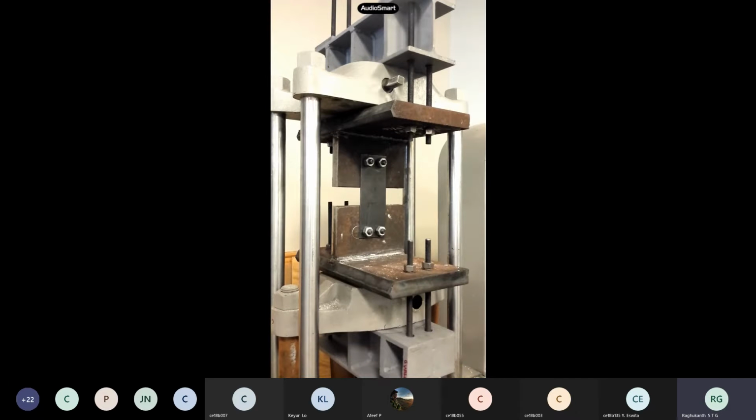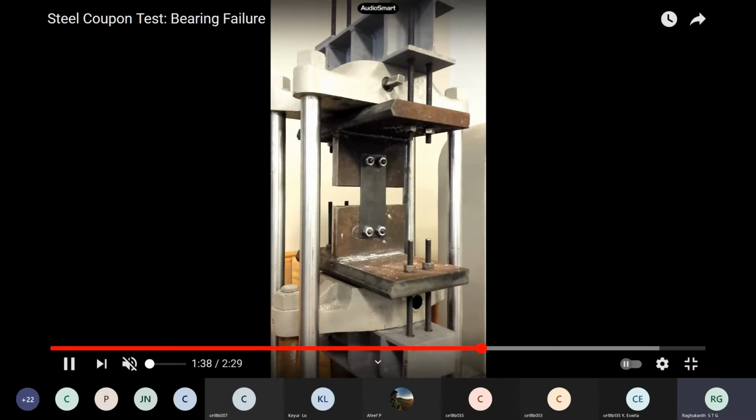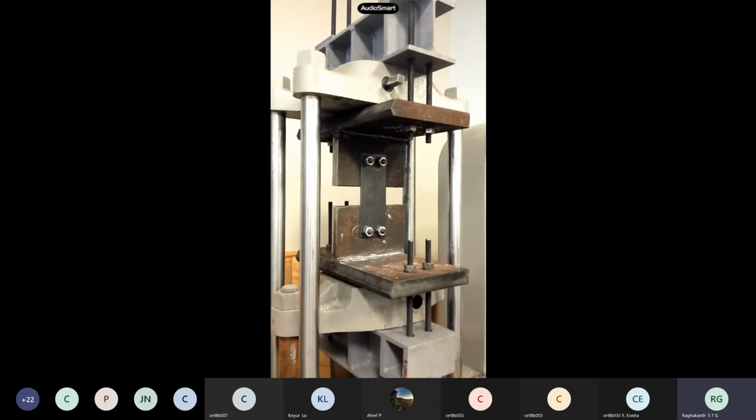Near the bolt holes, see how the failures are going to happen. You can see something happening in this plate. You can see already the bearing has started becoming visible near the bottom bolts. You can see two bolts here. You can see slowly the plate is getting torn off.